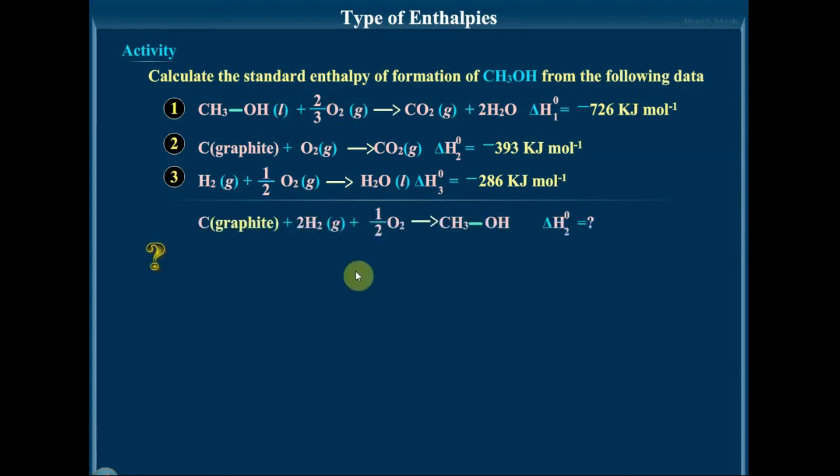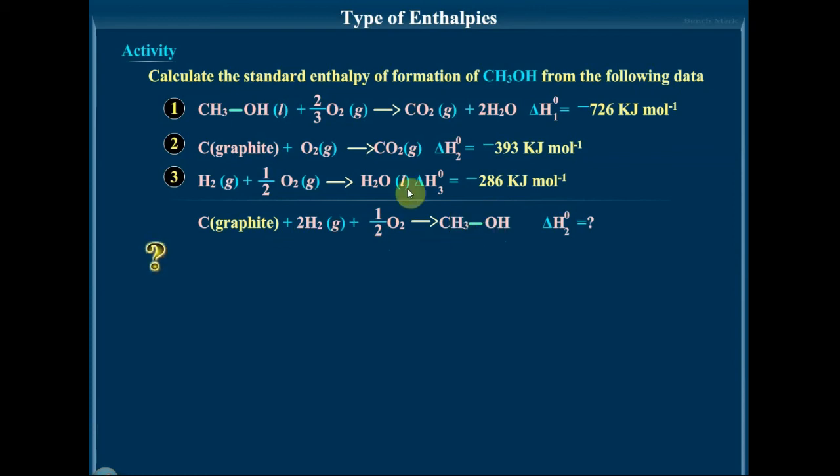First of all, when such a question is given, you have to form the equation. The major question is the formation of CH3OH from its elements. CH3OH is made up of carbon, hydrogen and oxygen. So you write C plus H2 plus O2 gives CH3OH, and then you have to balance this.